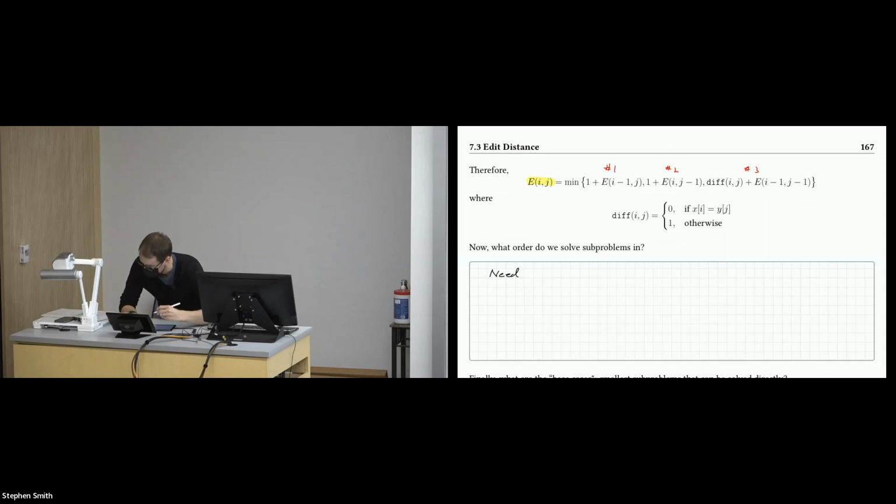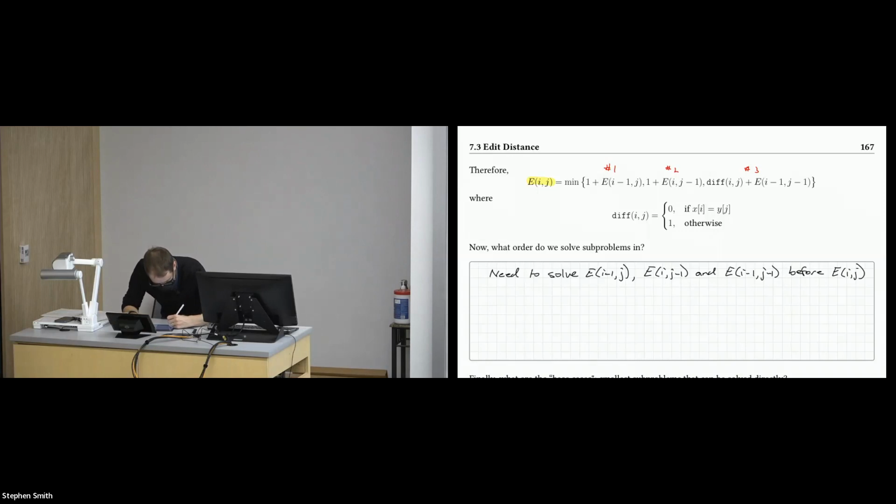And you can see that we need to solve E(i-1,j), E(i,j-1), and E(i-1,j-1) before we solve E(i,j).